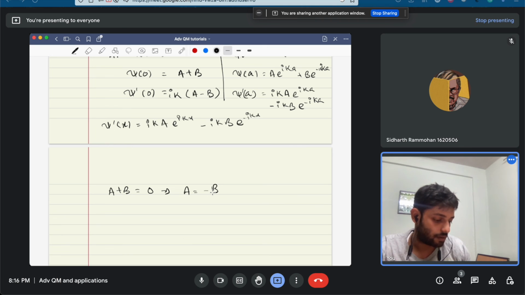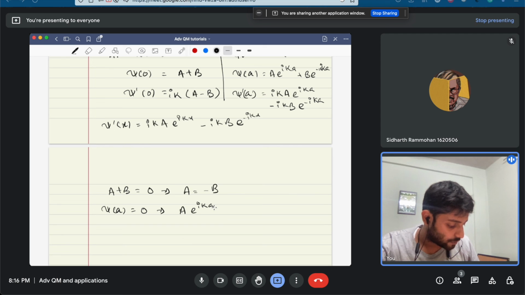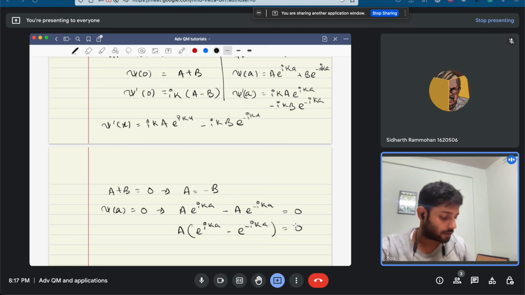And we can do it just by the two conditions. For psi a is also 0, that means a e to the power i k a, and we can put b equal to minus a here, that is a minus a e to the power minus i k a is also equal to 0. So a times e to the power i k a minus e to the power minus i k a is equal to 0.